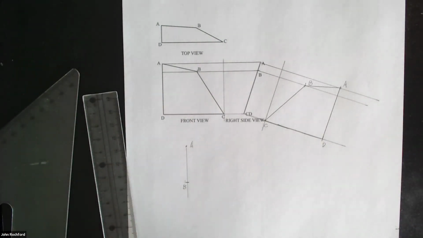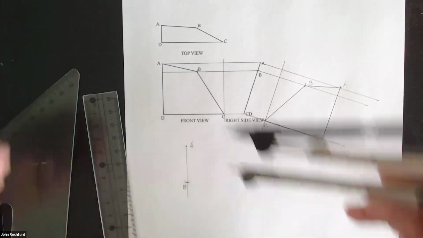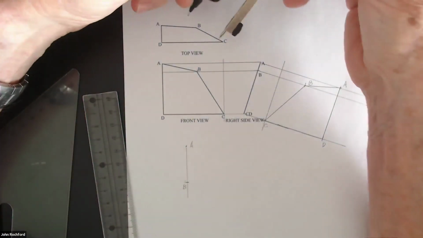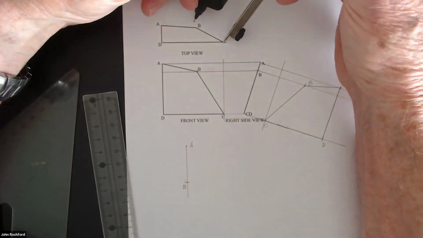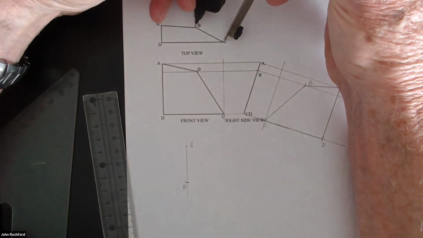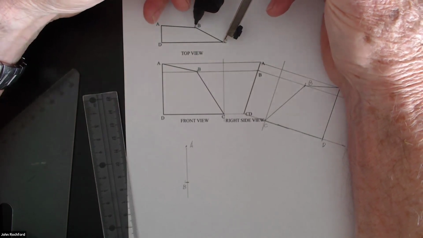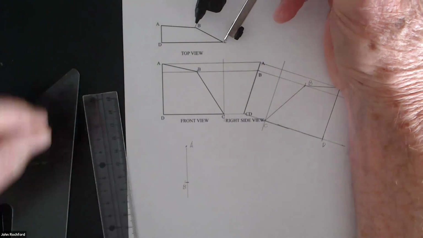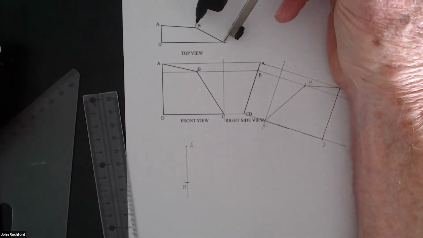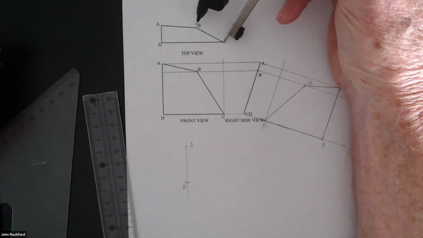Now I want to get from B to C, so I put my compass on BC here, and I know that that is not a true length because BC in the other view is not horizontal, nor is it a point.